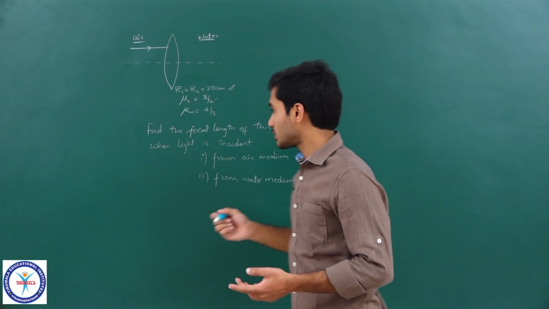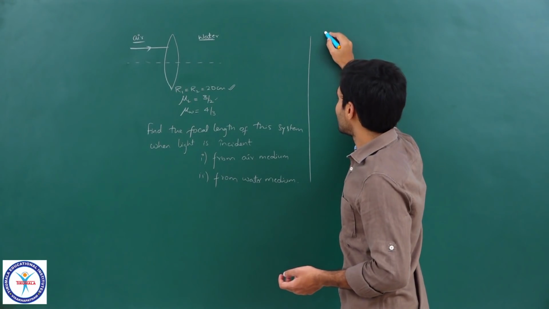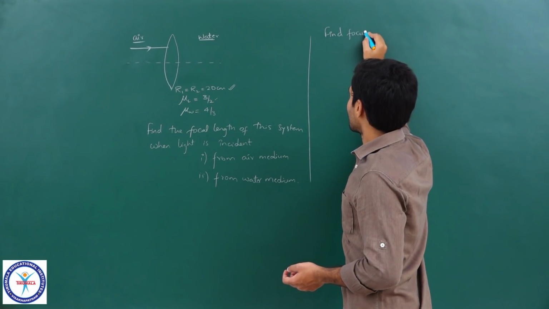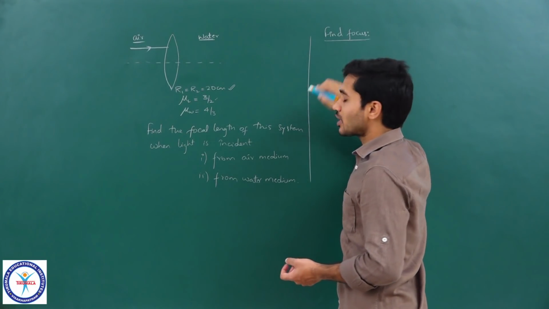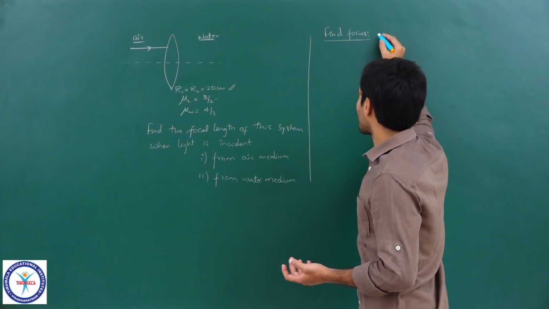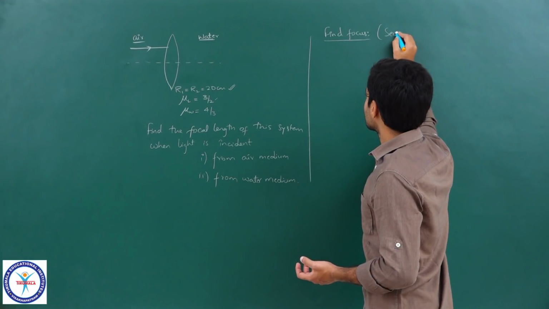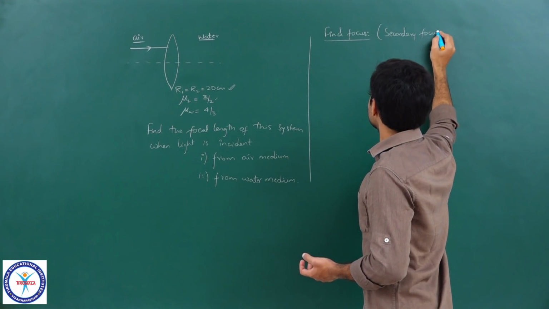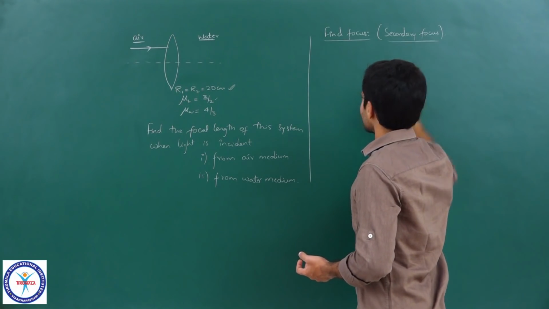See, I have told you earlier that whenever they are asking you to find focus, or find focal length, the first thing that should come to your mind is that they are basically talking about the secondary focus, correct? Clear, students?